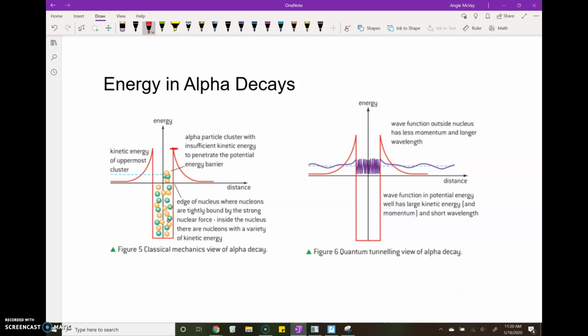A wave function in a potential energy well has large kinetic energy and momentum, but a short wavelength. And then outside of the potential well, outside the nucleus, it has less momentum and a longer wavelength. This is really hard to conceptualize, but I'll point you in the direction of a couple of questions related to this idea in the textbook, so you can see how this is used in problem solving.